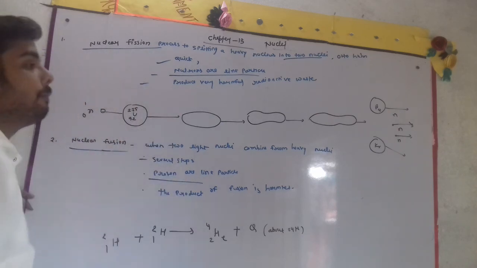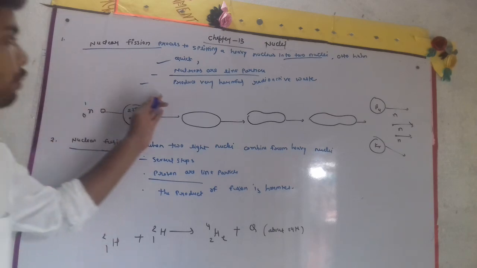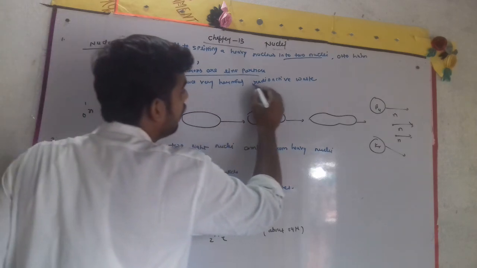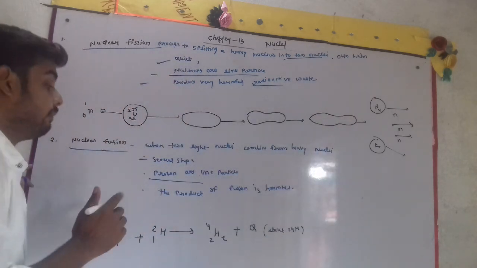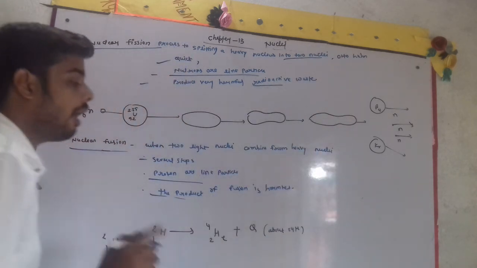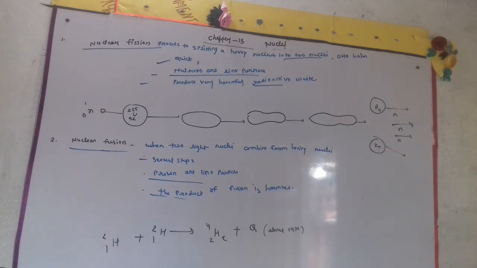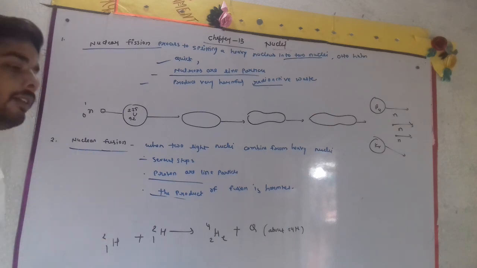Fission produces very harmful radioactive waste, but the product of fusion is harmless. So this is a little glimpse, because we have studied it earlier in 10th class. Try to finish this portion and learn well.